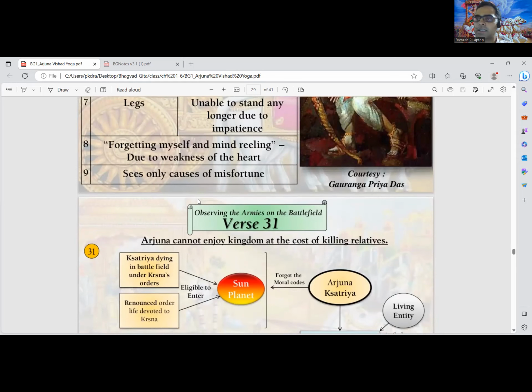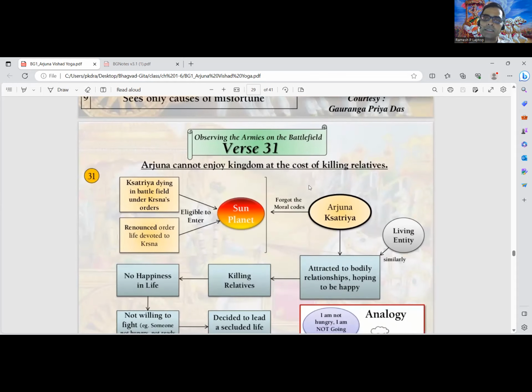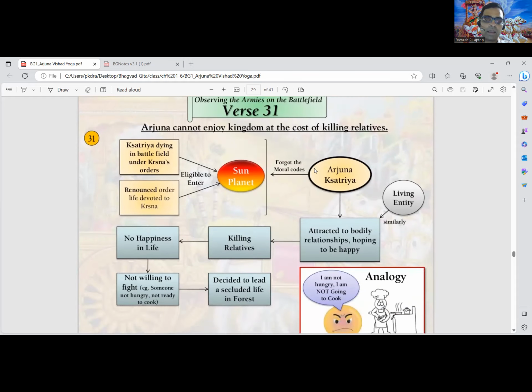The first thing is, he has compassion about killing the soldiers on both sides, and the relatives. How can one enjoy the kingdom when none of the relatives will be there? So he actually briefs more here. He says that there is no happiness. What is the fun in killing my own relatives and kinsmen?